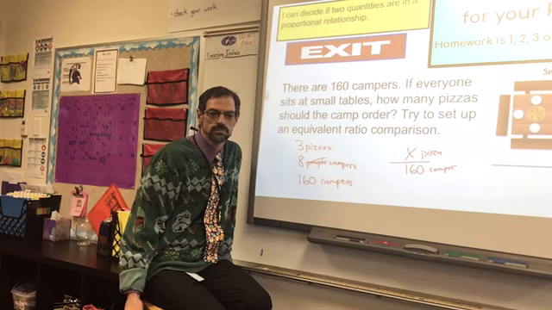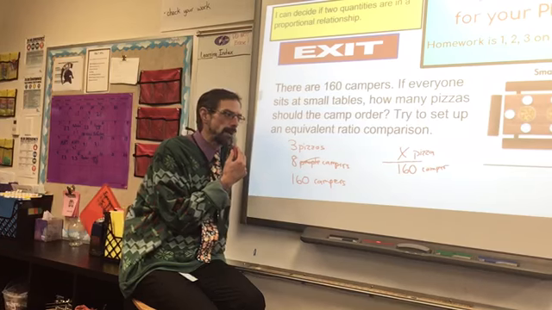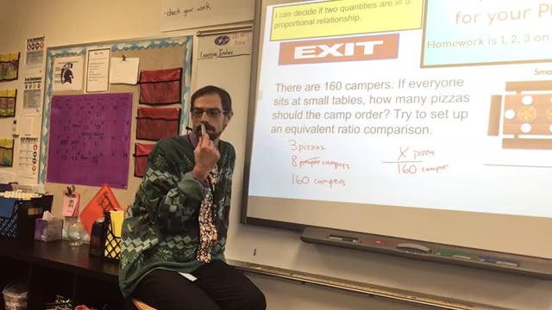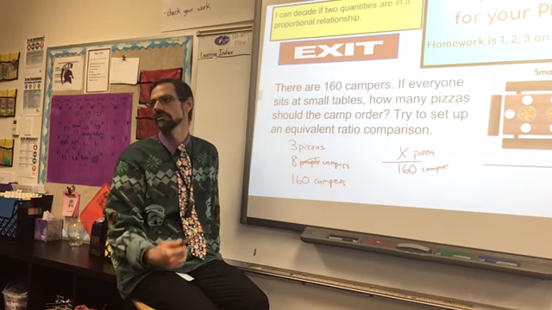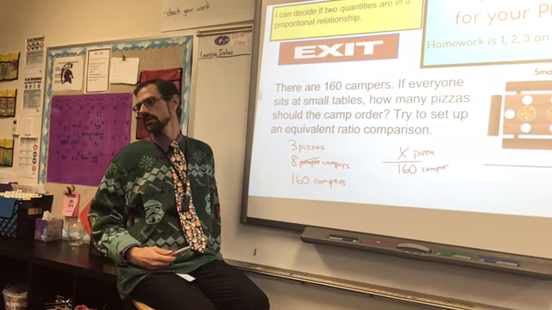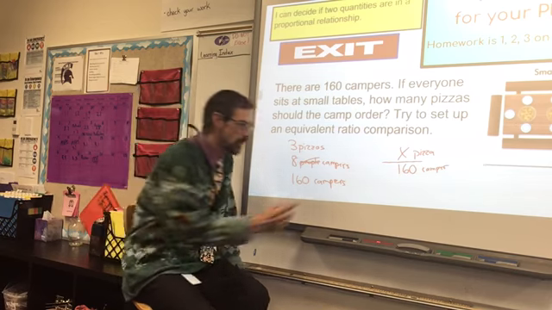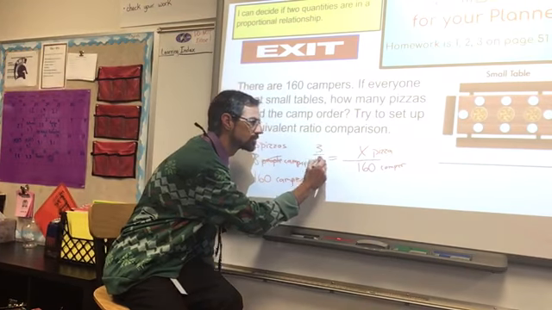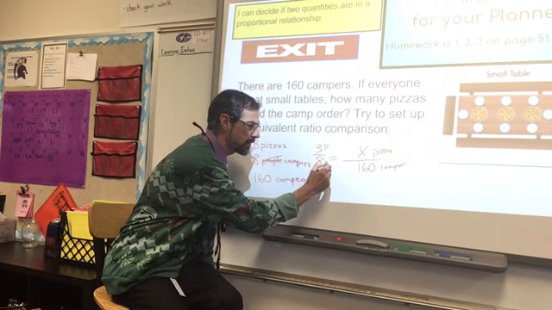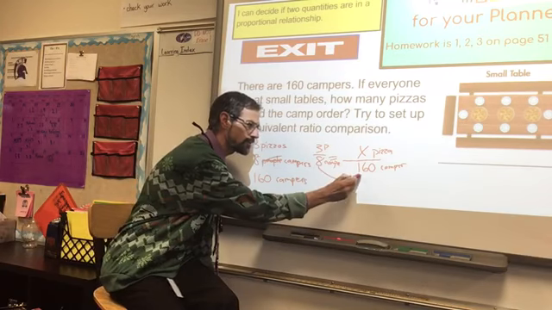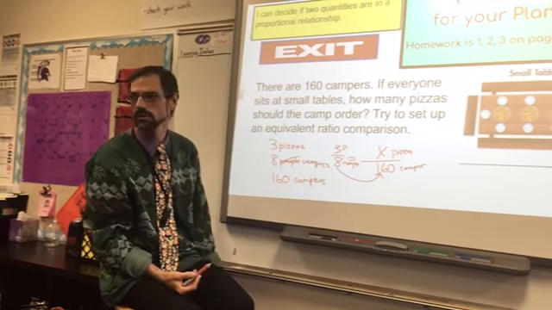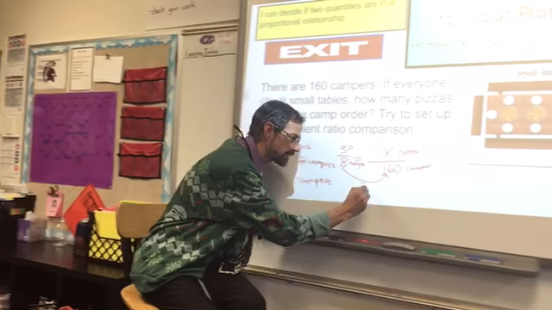Okay, so we have X pizza over 160 campers. Do I have a ratio that I already know that matches that ratio? Yeah. 3/8. Pizza, camper, it matches perfect. Do we see a scale factor from the known to the unknown? What is it? 20.